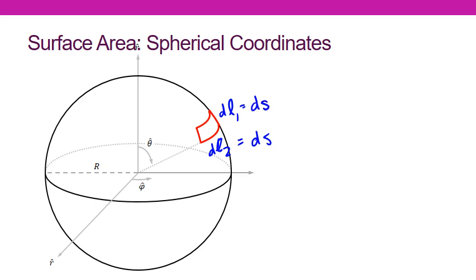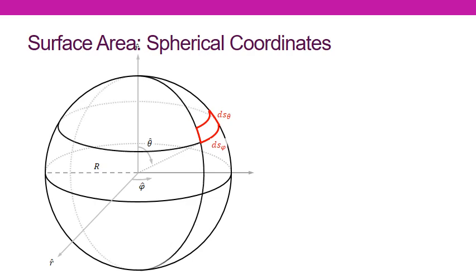So in one direction, we're going to have an arc length that comes down from the pole, and we might call that a ds theta. And the other one, we're going to have an arc length that is sweeping around the plane of the circle. We might call that ds phi. To work out ds theta and ds phi, it helps to realize that one lies along a line of longitude and the other lies along a line of latitude.